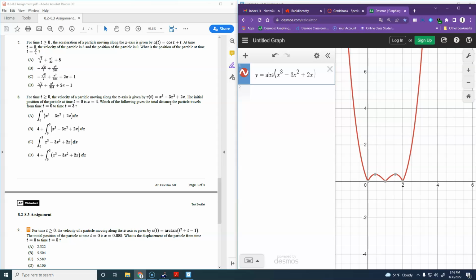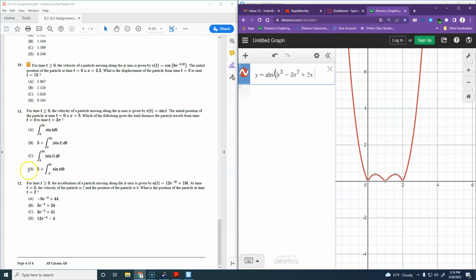If they had asked for the position of the particle, then we would have to consider that it starts off at 4. But this is just wanting to know how far away it is from its starting position, so we don't include that 4 there.